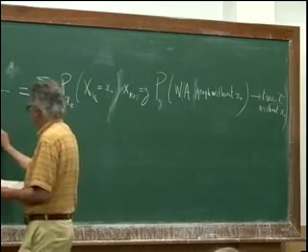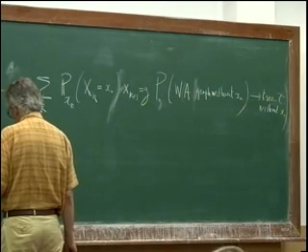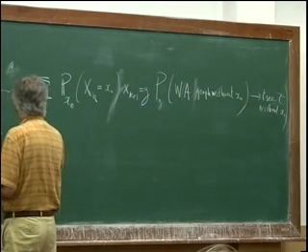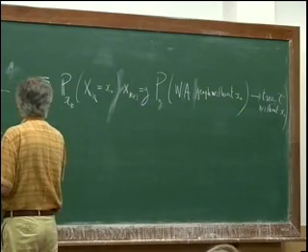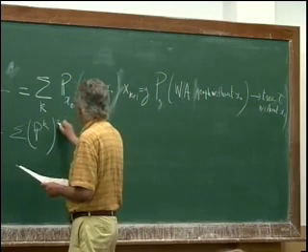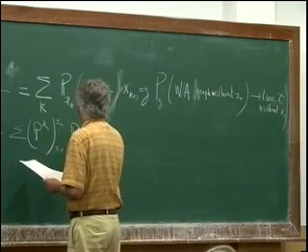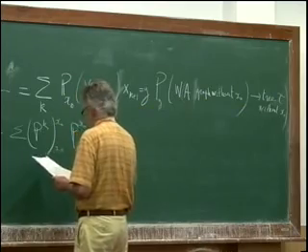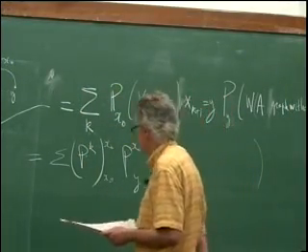So when you compute this, you will get a sum of p^k, the k-th power of p, at (x0, x0), times p(x0, y), and then the same quantity as before.